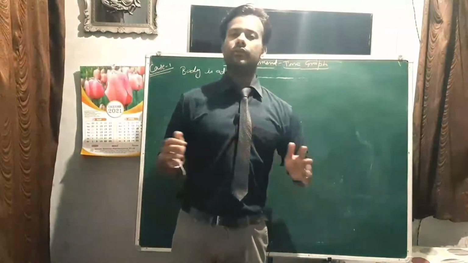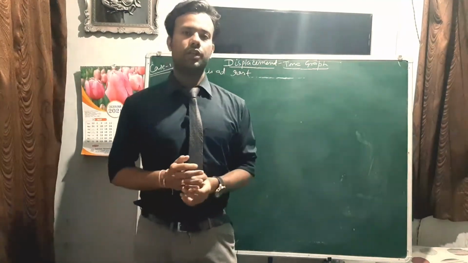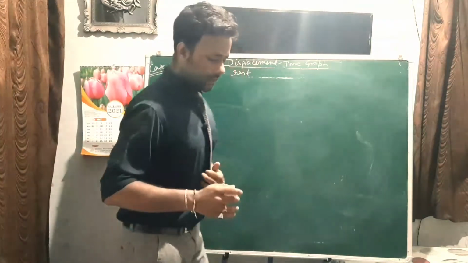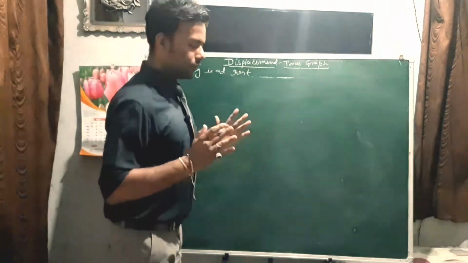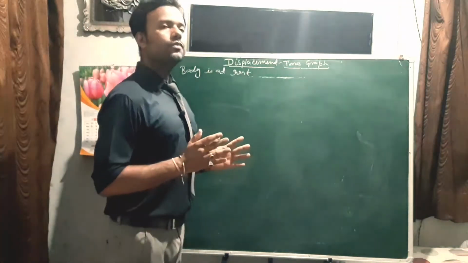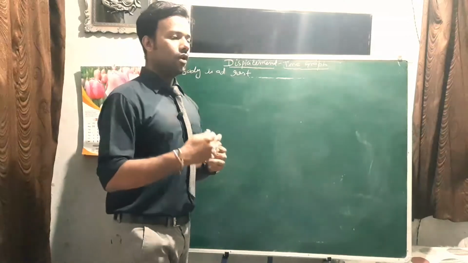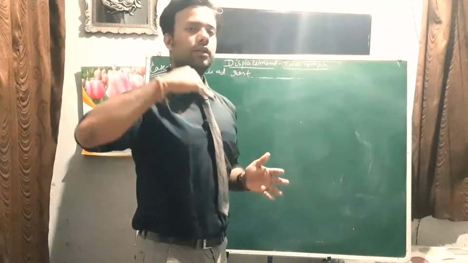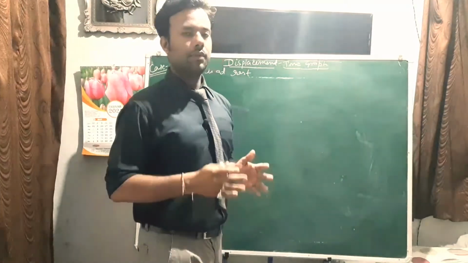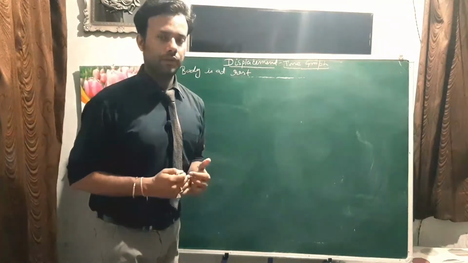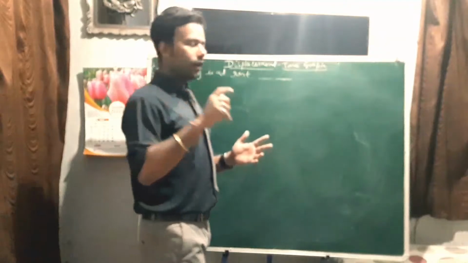That means time is increasing, but the body is not changing its position. Suppose this is the origin point, and I'm standing here, and I keep standing here for, let's say, 1 minute. So time will move on from 0 seconds to 1 minute, but I will not change my position, and I'm at the origin. So what will the graph be? The graph will be like this.